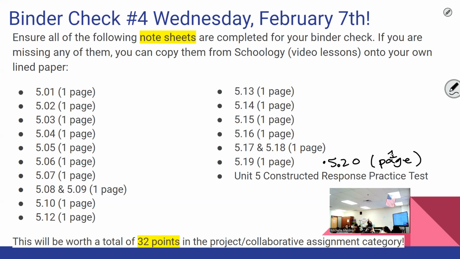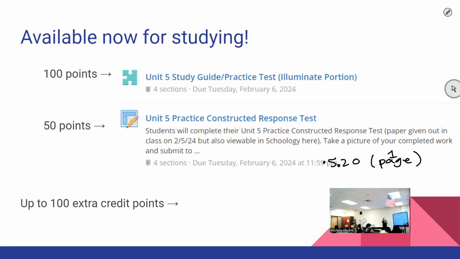Like I always have the videos there, the notes are always there. You're gonna take the same test as everyone else, so like you need to know the stuff. So you can take notes on your own paper, or you can help yourself to the note sheets and take notes, but that's what's being checked Wednesday in class. And it's going in the project category because we do all of these collaboratively. So that's what it'll go into, your 20% of your grade.